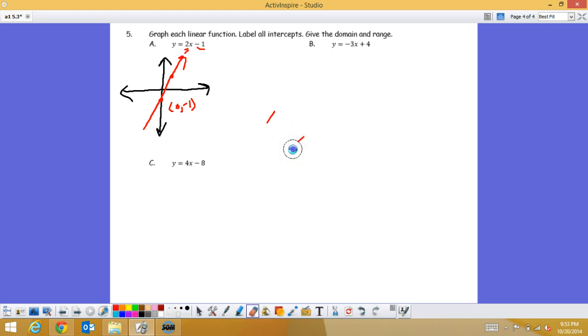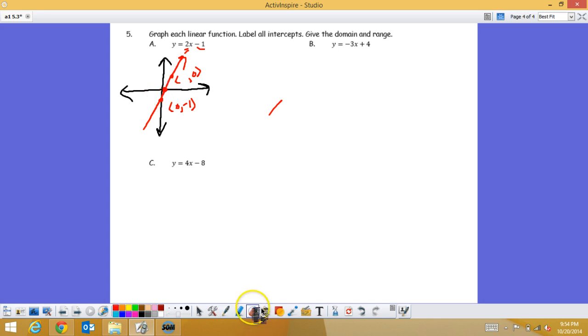Now, you'll also notice that in the directions, I ask you to label all intercepts, which means the x-intercept also. So we're going to label this x-intercept right here. Hopefully you can see that the y-coordinate of this point right here is 0, because all along this x-axis, the y-coordinate is always 0.